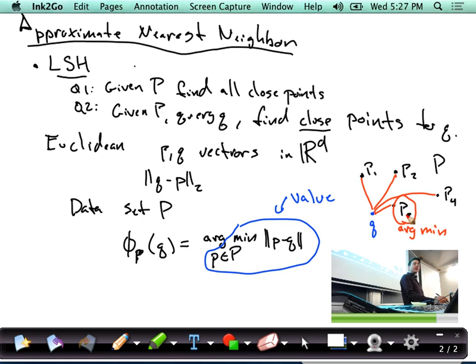We can do that with locality-sensitive hashing. I should say that if the set P is small, even smaller than 100, because of some overhead in these techniques, if you're bigger than one dimension, it's often not that bad just to calculate all the distances.